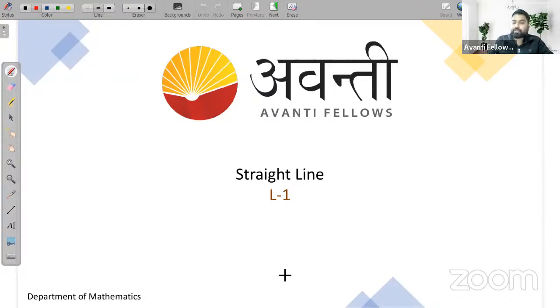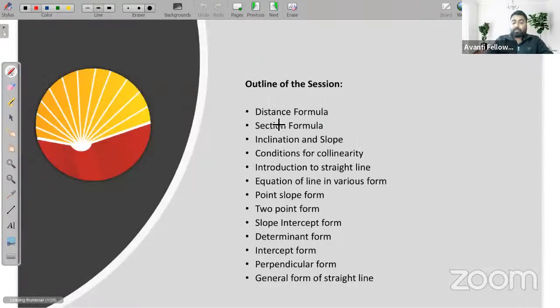So today we are going to start our new chapter, that is straight line. And this is our first lecture. In this session, first we'll see some previous knowledge which you have already studied in class 10th or 9th: distance formula, section formula, inclination and slope, condition of collinearity, introduction to straight lines, and equation of straight lines in various forms.